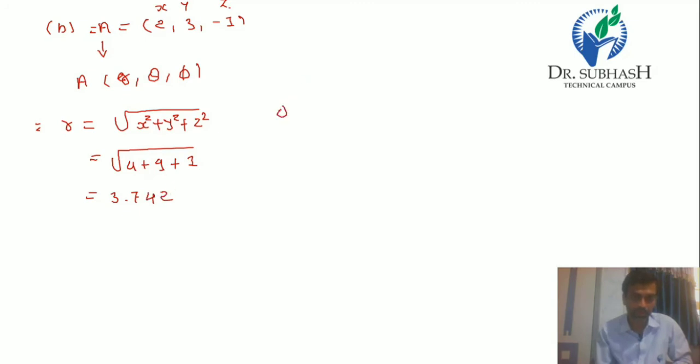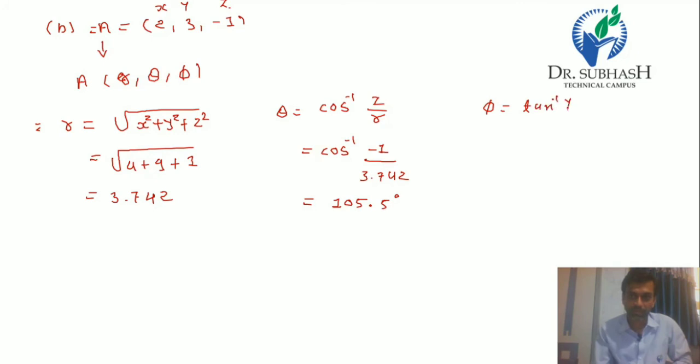For the theta, we have cos inverse z by r. So cos inverse, z is minus 1 and r is 3.742. If we evaluate, we get 105.5 degree, and for the phi we can say tan inverse y by x. So tan inverse, here y is 3 and x is 2. If we evaluate, then we get 56.3 degree.